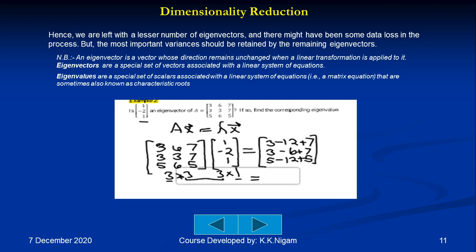Eigenvectors are a special set of vectors associated with a linear system of equations, and eigenvalues are a special set of scalars associated with a linear system of equations, that is a matrix equation. They are sometimes also known as characteristic roots.